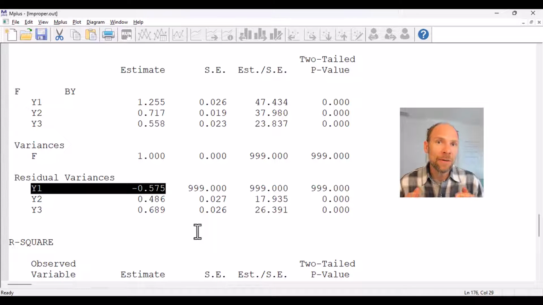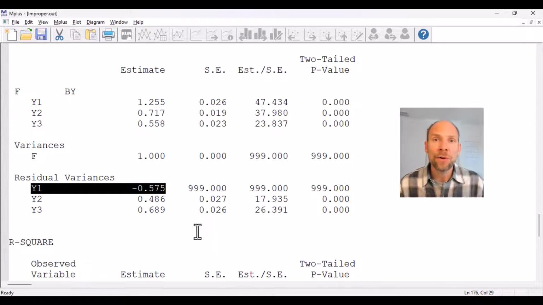Whenever you get a standardized factor loading greater than 1 or smaller than -1 in a model like this, where each variable loads only onto one factor, then there must also be a negative error variance, because if the correlation between the variable and the factor is estimated to be greater than 1, this means that the factor explains more than 100% of the variance in that indicator.